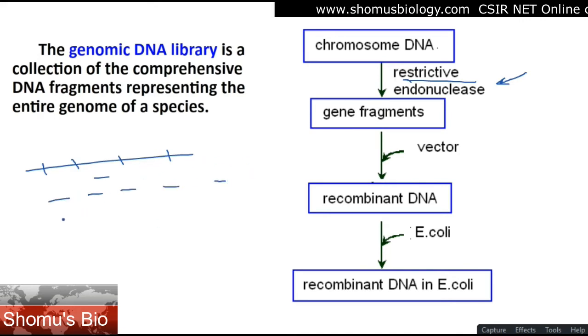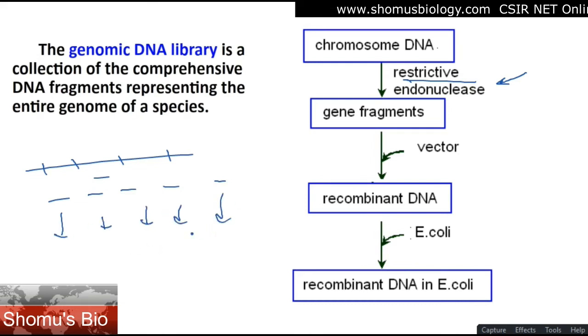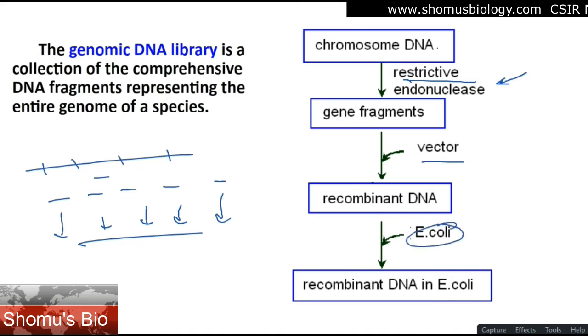We can clone each of these fragments into a specific vector and produce recombinant DNA. The recombinant DNA is then inserted into E. coli as a host, and the process continues.